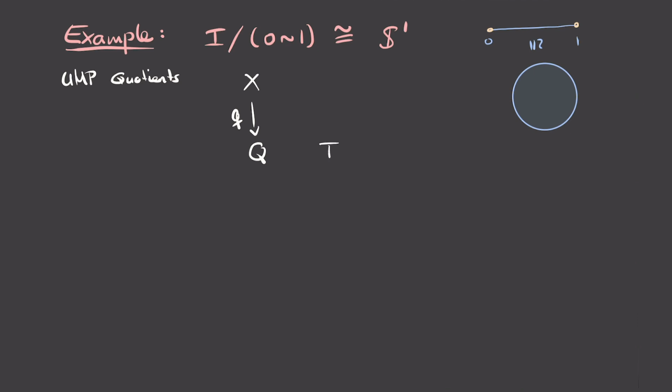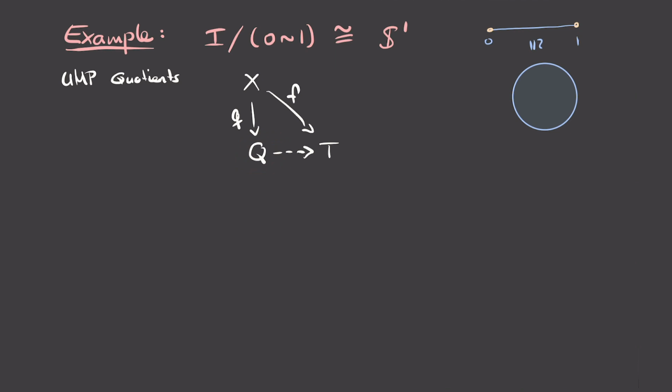Now, the universal mapping property for quotients concerns whether certain maps out of X descend to maps out of Q. So if we have some continuous map going from X to T, I'll call this F, then the question is, can we somehow make this into a map going from Q to T? Now if you think about what would obstruct this process, we have some map going out of a larger space X, and we want to somehow convert it to a map going out of a smaller space Q where certain portions of X may have been identified.